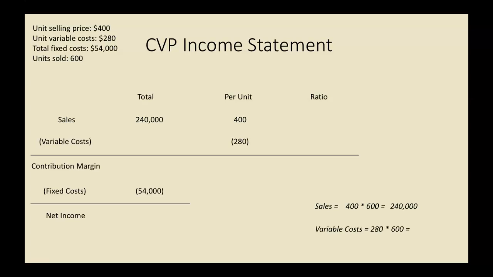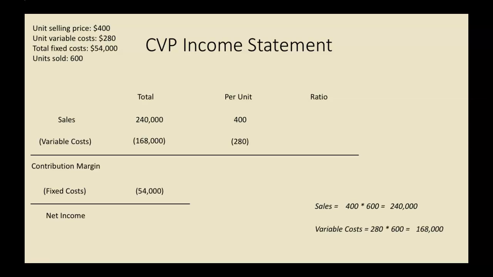Variable cost, we're going to follow a similar pattern here, right? We take the unit variable cost, multiply it by the number of units that we sold, so 280 times 600, and we see that our total variable cost is $168,000. So we can use our total sales and our total variable cost to figure out our contribution margin, right?